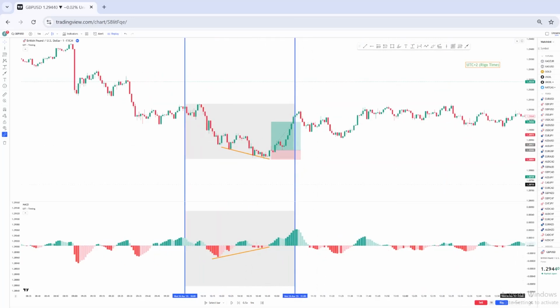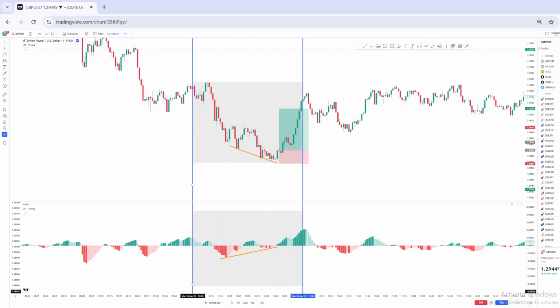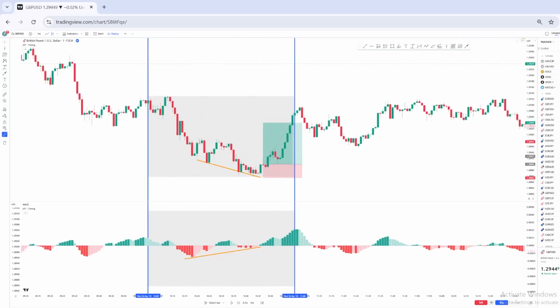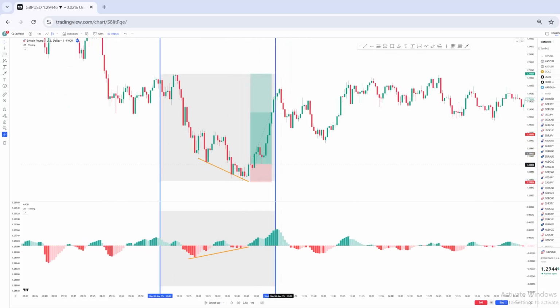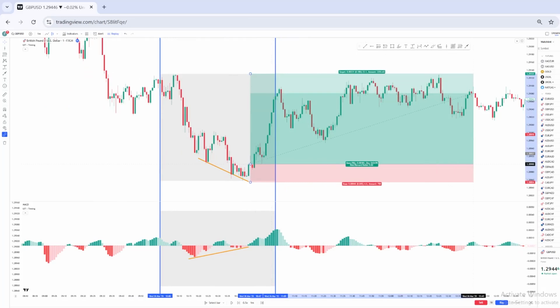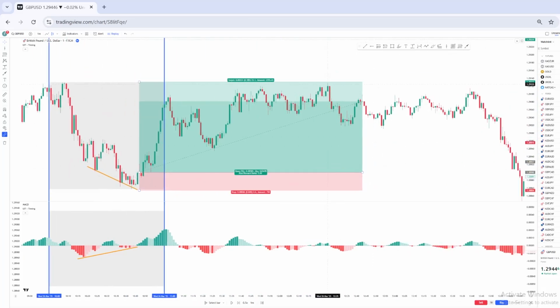So what am I looking for here? As I said, first of all, I need regular divergence, and I'm going to target at least 2 RR here, at least. But originally I was targeting this high, this session high, and as you can see, it almost touched it. It almost took it out, but it didn't.